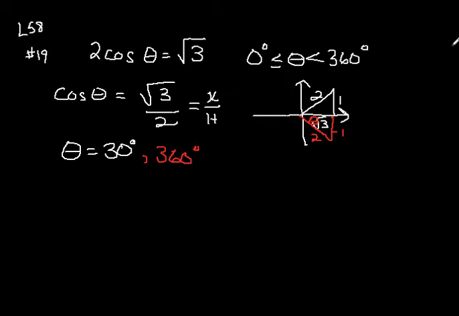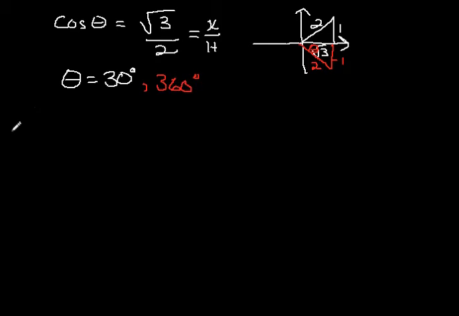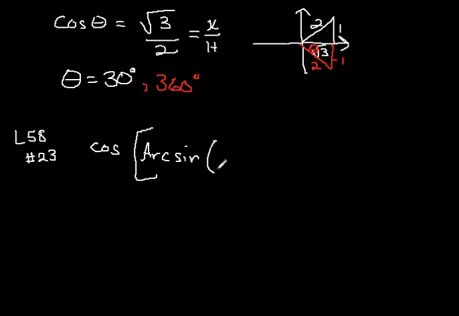Okay, 23 is our next one. 5823. Alright, this one is cosine of the arc sine of negative 1 over 4.